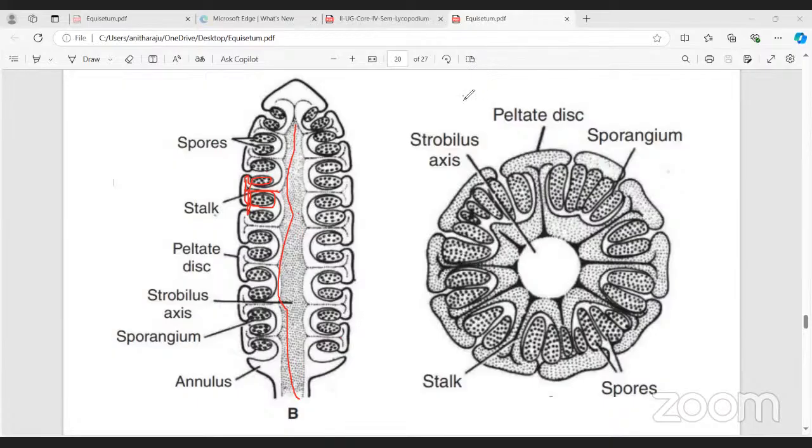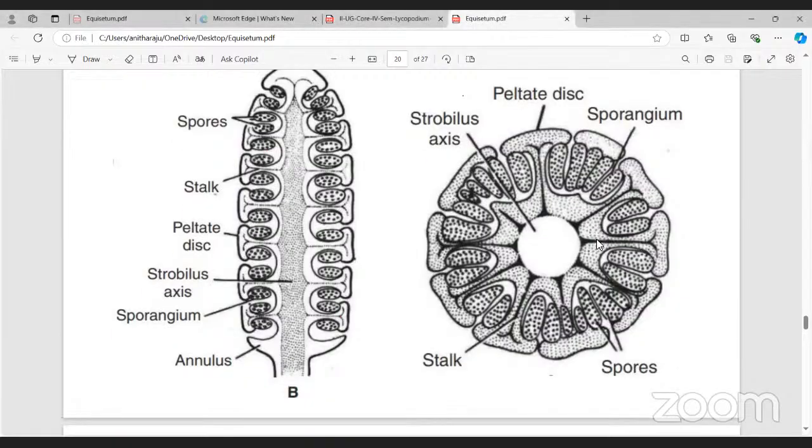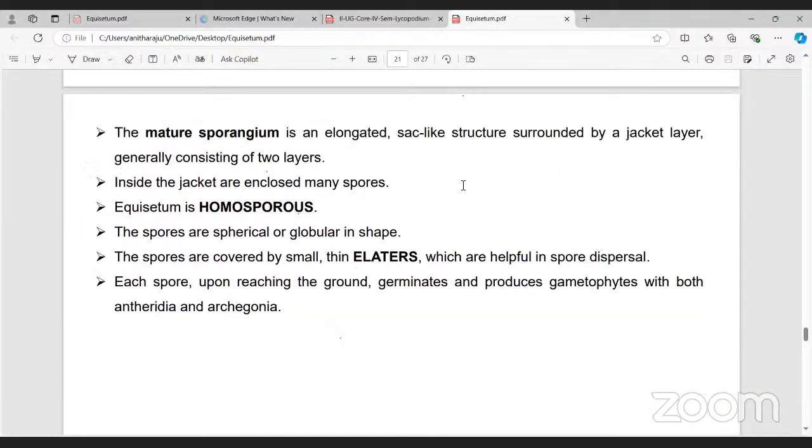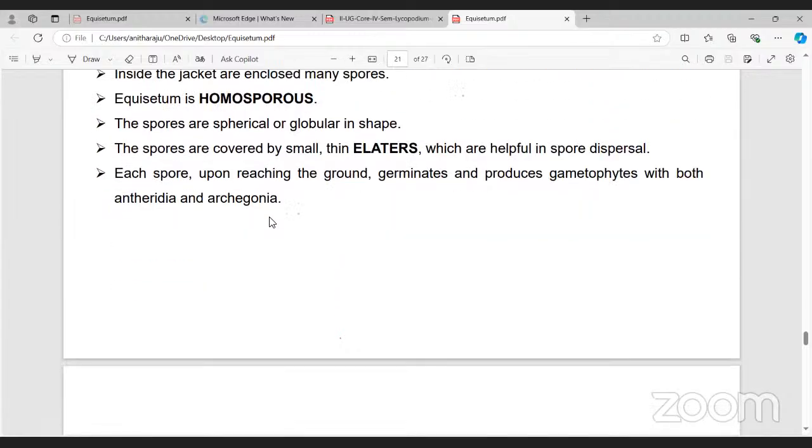The gametophyte again produces the sex organs, such as archegonia and antheridia. This is also homosporous. Remember, homosporous means similar spores; heterosporous means different spores.